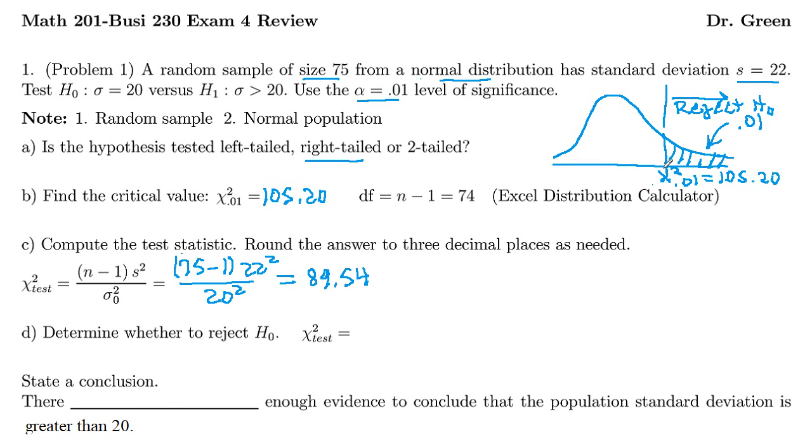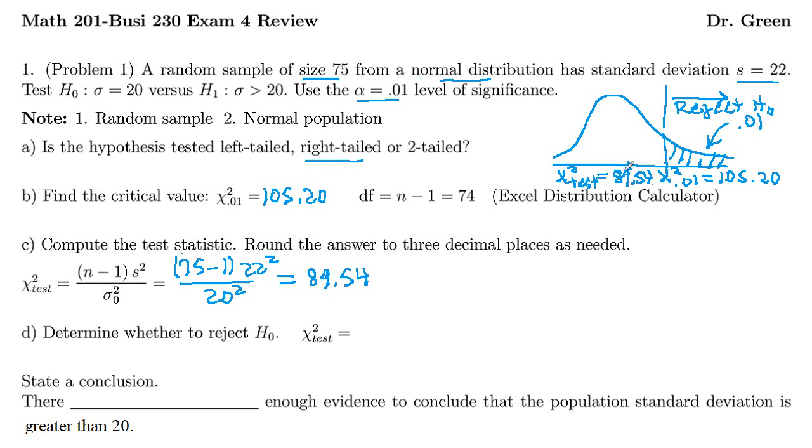And that 89.54 is over here. Okay, it's about right here. Just estimating. But what we know is it's not in the rejection region. So this is our test statistic. So that's our chi-squared test. It's not in the rejection region, so we don't reject. So here you've got a picture of your decision rule.